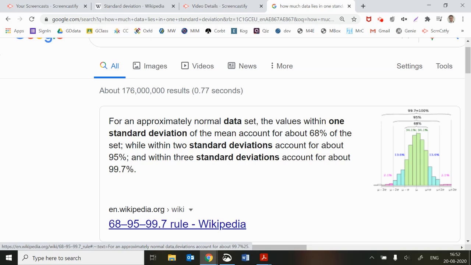I forget these numbers. And within 3 standard deviations of the mean, you expect almost all of your data to be accounted for. So that's the rough meaning of what standard deviation is. There you go, they're calling it the 68, 95, 99.7 rule.